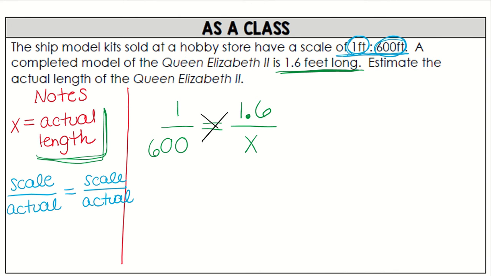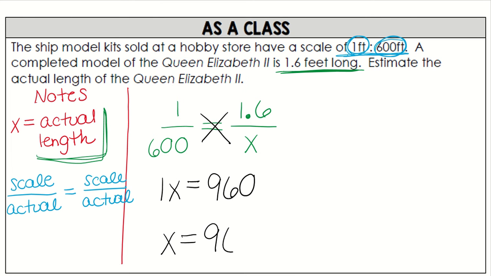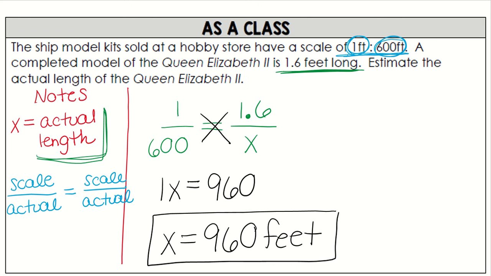So when we cross multiply, I'm going to get 1x, which you do not have to write the 1, equals 600 times 1.6 is 960. So I get that x equals 960 feet. That is the actual length of the Queen Elizabeth II.